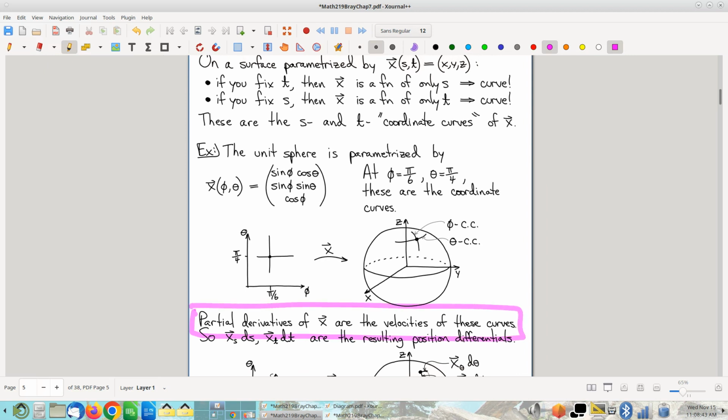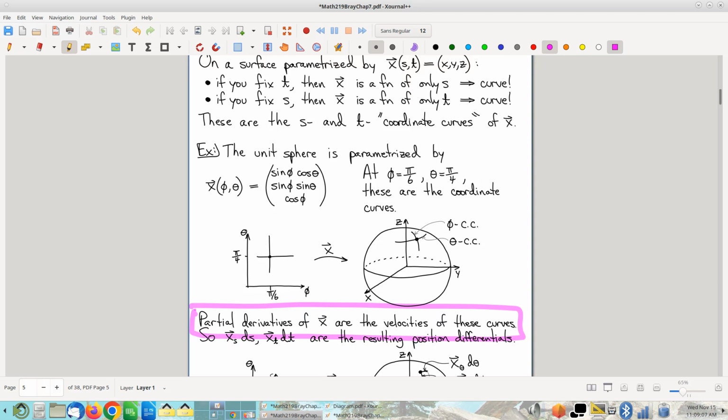Partial derivatives of your parametric surface, I claim, are velocities of your coordinate curves. It's not immediately obvious when you glance at the way it's written down there, but if you think through what exactly is a partial derivative and what is a velocity of a coordinate curve, they're literally the same thing.